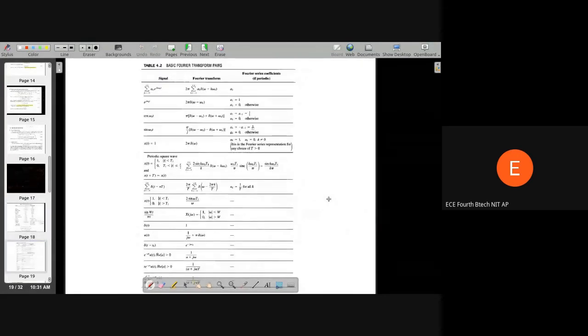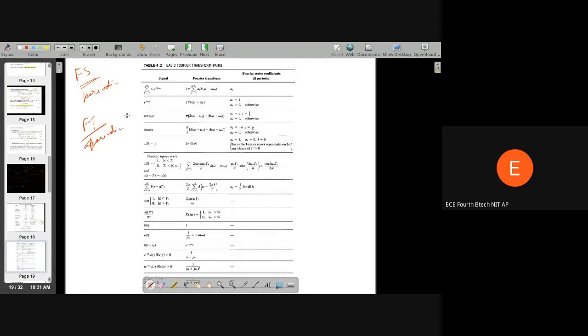So there are many basic Fourier transforms. If you apply, you will know some of them, periodic square wave and all this. So one important thing is that we have said that Fourier series is for periodic signals, but Fourier transform is for aperiodic.